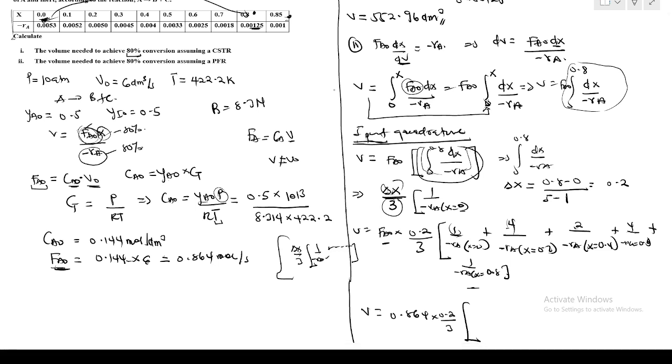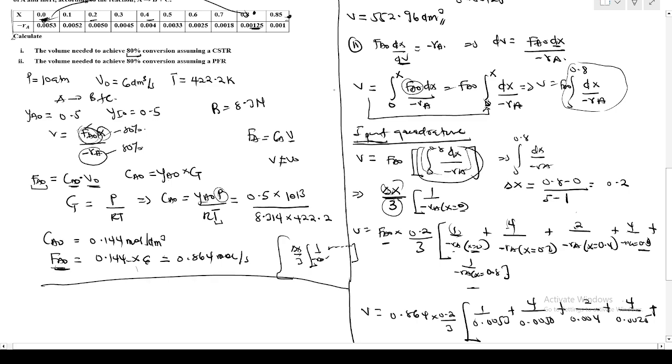Or we can just put it here as 1 over, then Ra is 0.0053, which is at x equals 0, plus 4 over, at 0.2, we are going to have 0.0050, plus 2 all over, at x equals 0.4, we are going to have 0.004, plus 4 over, at conversion of 60%, which is 0.6, we are going to have 0.002, plus, let me continue here, plus 1 over x at 80%, 0.001.